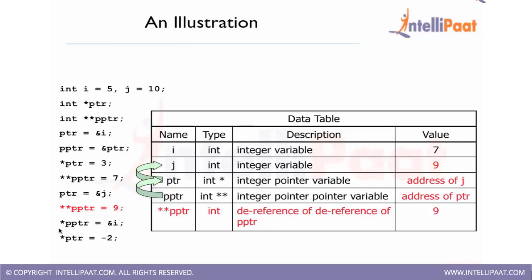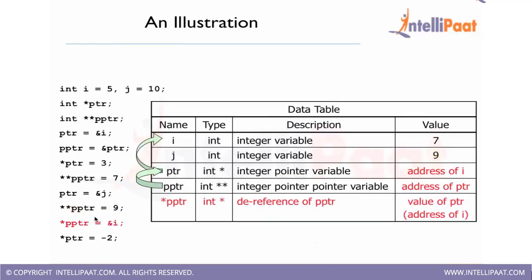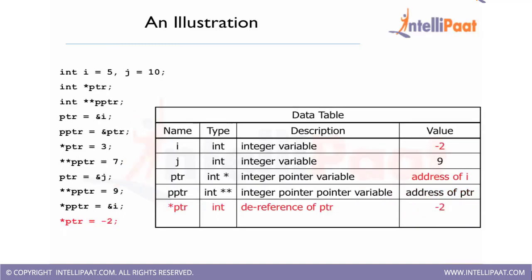Okay, so now star pptr equal to address of I, which is stored here. Now if I say star ptr equal to -2, it will change the value of I to -2.